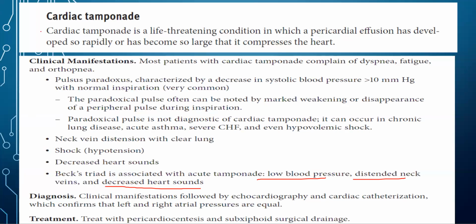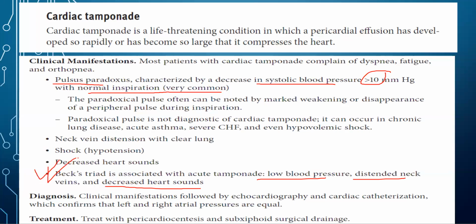One of the other features is called pulsus paradoxus, which is characterized by a decrease in systolic blood pressure of more than 10 millimeters with normal inspiration. It's not diagnostic, but you can just remember that during inspiration, systolic blood pressure should not decrease. But in here, during inspiration, systolic blood pressure decreases by more than 10 millimeters, that is pulsus paradoxus. The only thing that you need to remember is Beck's triad.